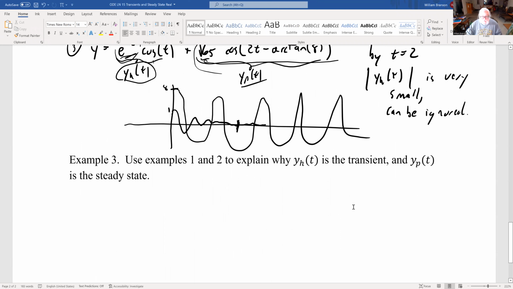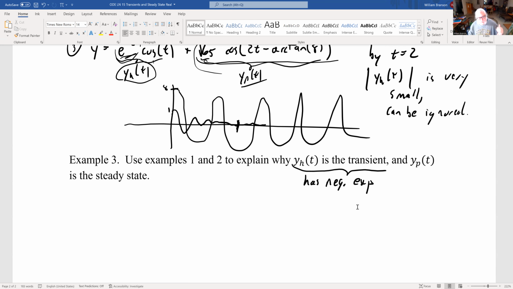Great. So why is YH of t the transient? Why is YP of t the steady state? The homogeneous equation has a negative exponent in it. And what does that mean? That means that as time goes on, it drops down to 0. And negative exponents drop down to 0 pretty quickly.